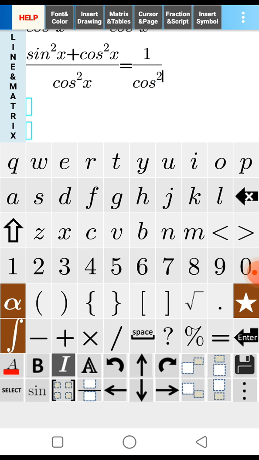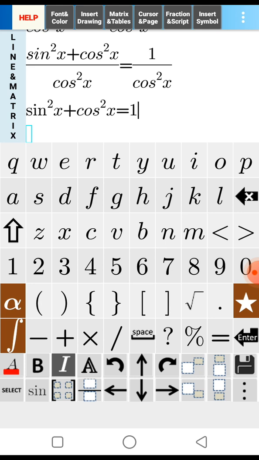From the basic formulas of trigonometry, we know that sine square x plus cosine square x is equal to 1.